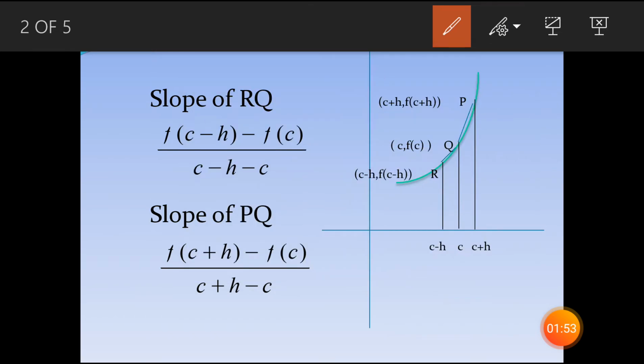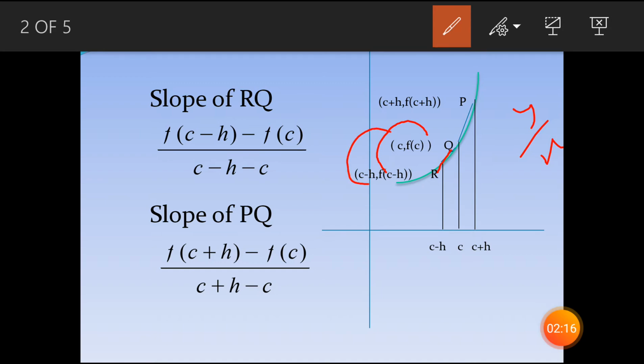Now you consider the slope of this secant RQ. I think you all are familiar, slope is y upon x, so difference of y coordinate upon difference of x coordinate. Difference of y coordinate means f(c) minus f(c minus h), and the x difference is c minus (c minus h).